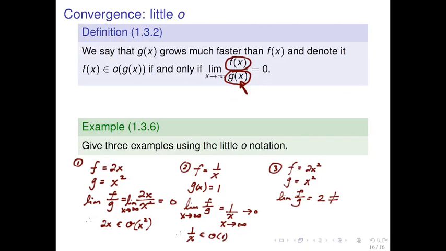Because this is not equal to 0, that means I can say that 2x squared is not an element of little o of x squared. Sorry, this should be an x squared. Alright, and this example concludes the lesson on algorithm and convergence.